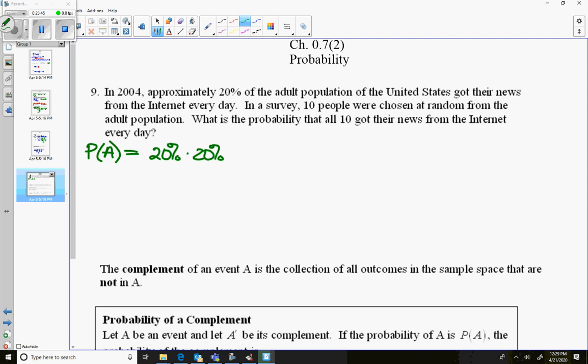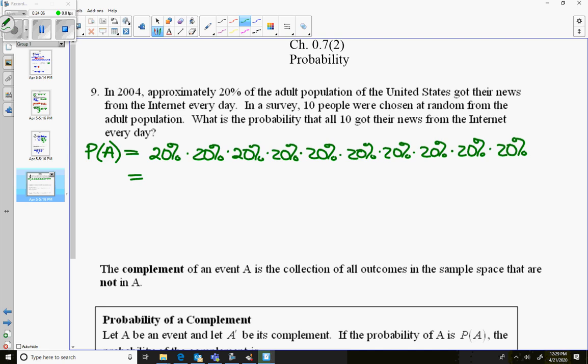What about the third person? 20%. Fourth person. Fifth person. Sixth person. Seventh person. Eighth person. Ninth person. And the 10th person. Bottom line, 20% is 0.20 to the 10th power.